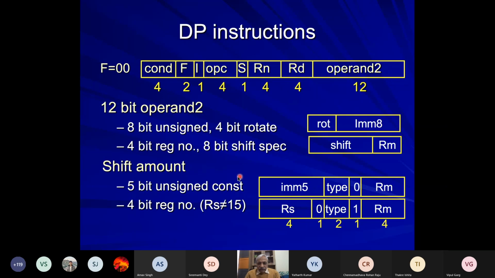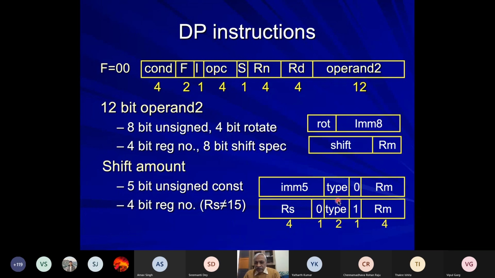Now the shift type and amount is specified in these 8 bits, where 2 bits mentioned as type specify which type of shift it is. It is logical shift left, logical shift right, arithmetic shift right, or rotate.